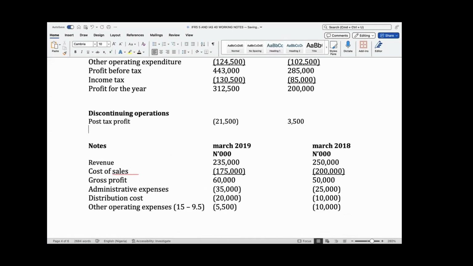So profit for the year from all operations, 312,500 minus 21,500 is 291,000, and this is 203,500.